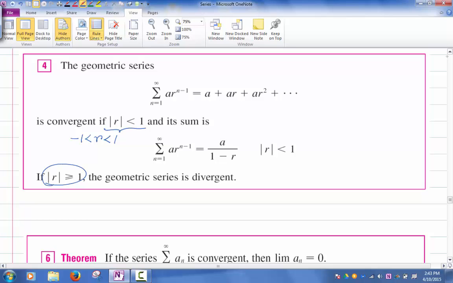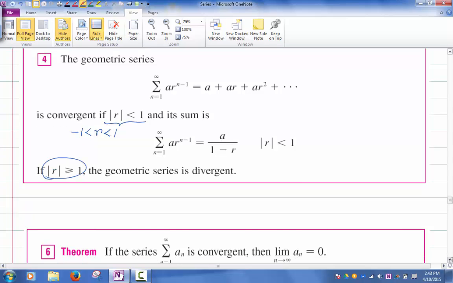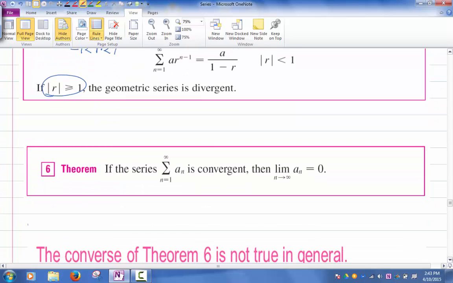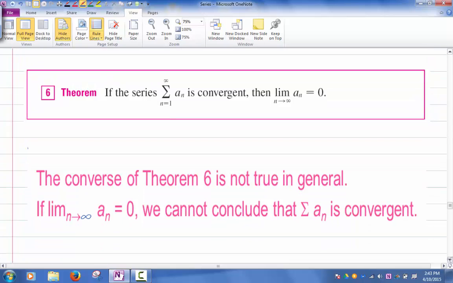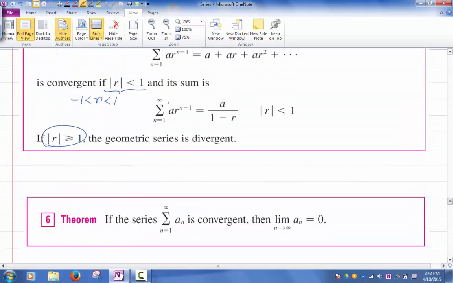We are going to see a bunch of examples of this in a bit today, or maybe another time. But let me give you another result which is very important. Actually, let me give you an example first of a geometric series.